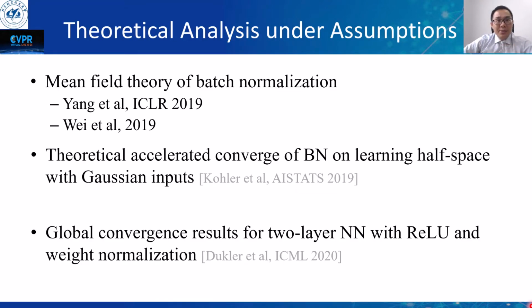Other analyses of normalization in optimization include an investigation into signal propagation and gradient backpropagation based on mean field theory. Besides, the work of Kohler et al. demonstrated BN obtains an accelerated convergence on the possibly non-convex problem of learning half-spaces with Gaussian inputs.